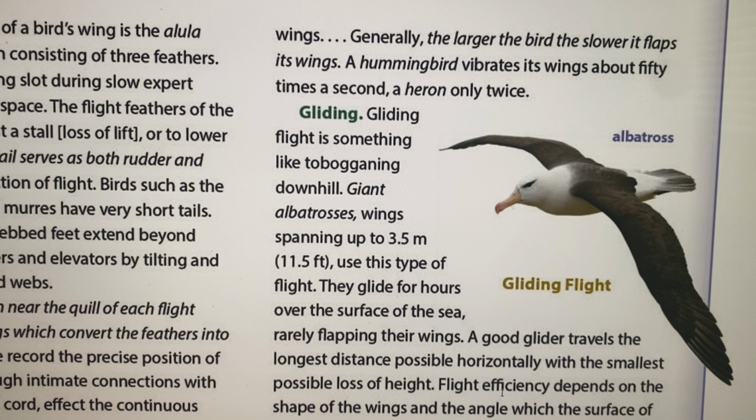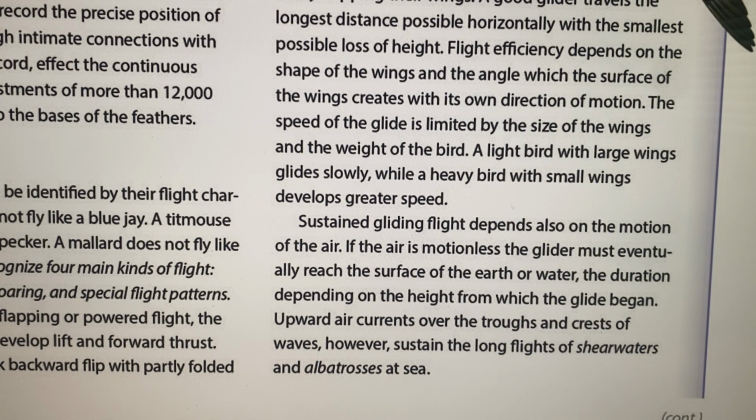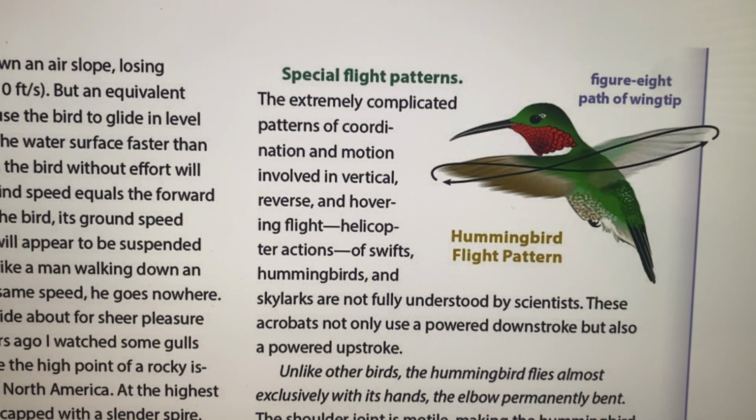Altitude and sustained flight depend on the motion in the crests of it, but that gliding motion is pretty spectacular. So let's go on. That's the gliding. We're going to go on to the next. Shearwaters and albatrosses are the kind that glide over waters, looking for fish.